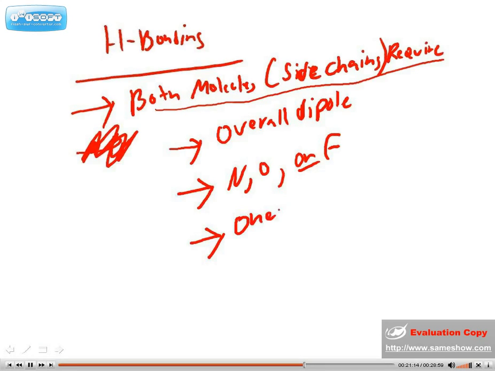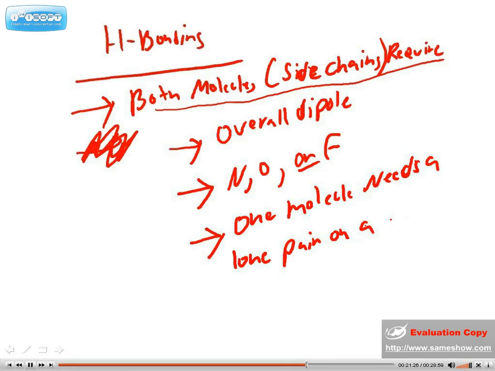And one molecule needs a lone pair on a nitrogen, oxygen, or fluorine.